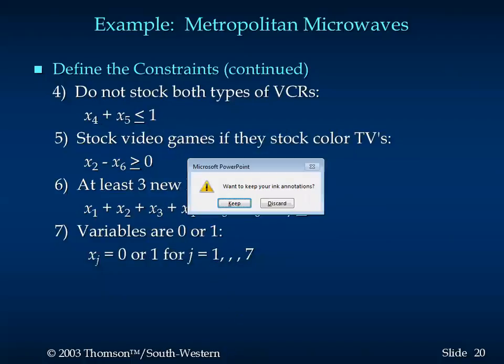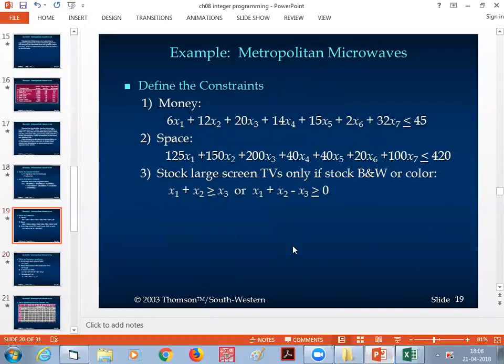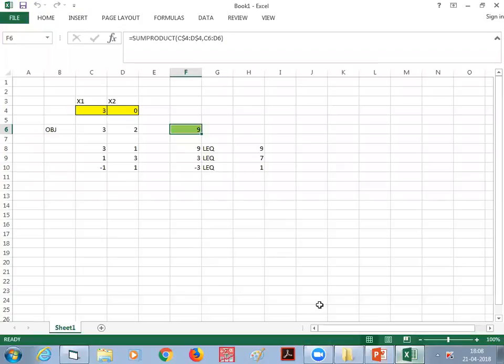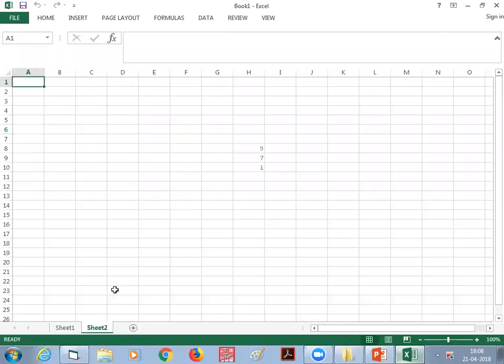Let us see. Okay, so what do we have? So X1, X2, X3, X4, X5, X6, and X7, right?